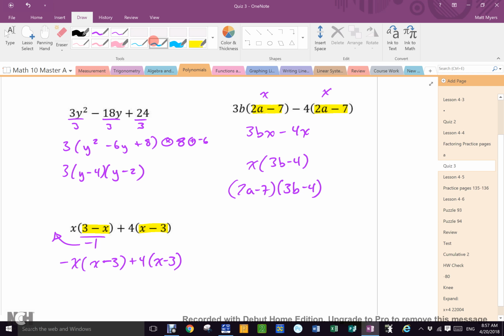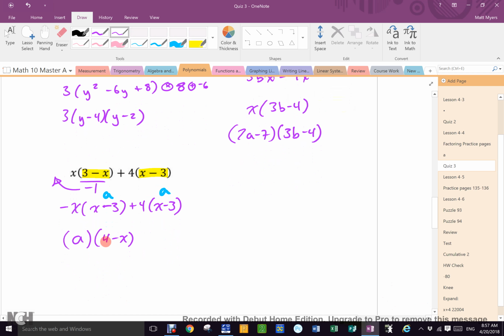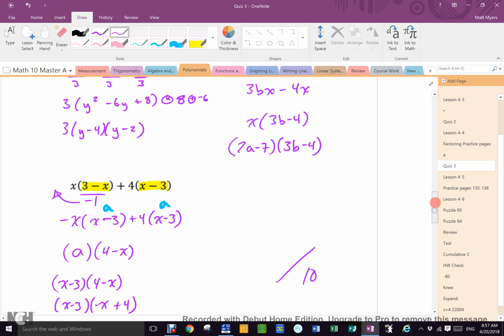Now you notice that there's my a and there's my a, right? So I have a and then negative x plus 4. So you could write 4 minus x if you wanted to, but you don't have to. And what is a? x minus 3, 4 minus x, or x minus 3, negative x plus 4. They're the same thing.